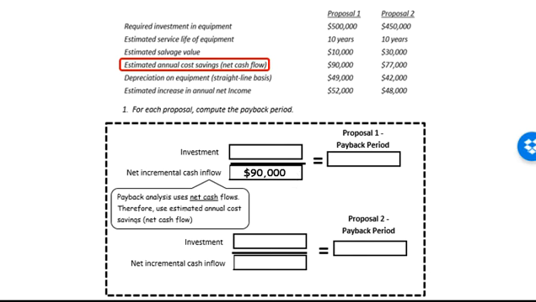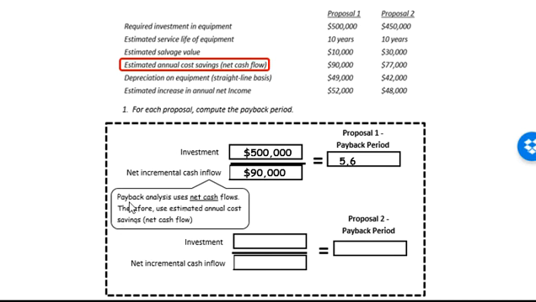Now under investment, we're going to put the $500,000 from proposal 1. So now the investment is $500,000 divided by our annual cash flow of $90,000, which means our payback period is 5.6 years. So at the end of 5.6 years, we'll have recovered our entire investment.